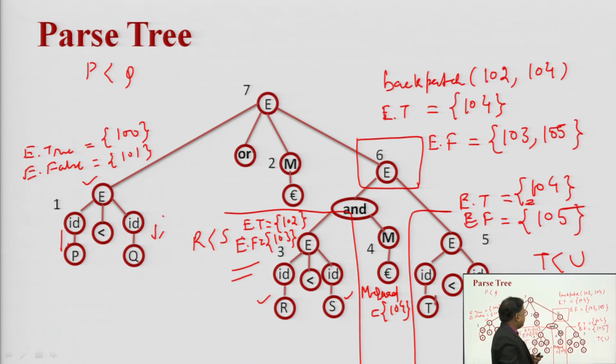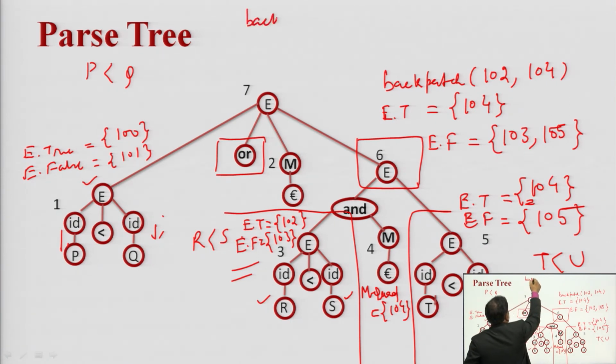Right. Now next is we have to compute this OR operation. So now again we will merge the right hand side E and left hand E with this E. So again we have to compute the backpatch, E dot true list, E dot false list.